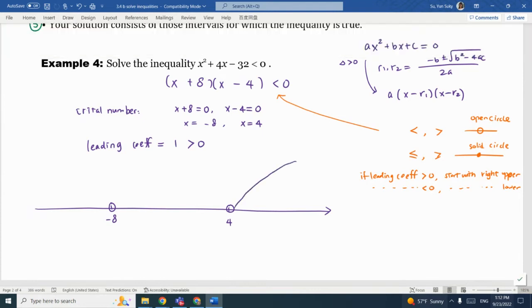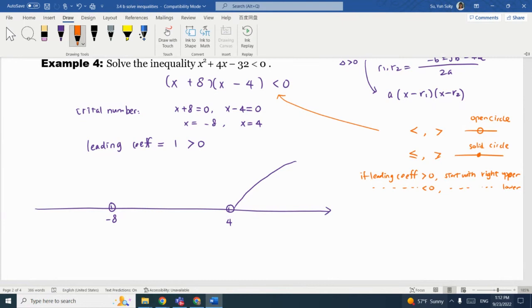And then when we reach 4, we look at the multiplicity. Multiplicity is the exponent of the corresponding factor. See? For 4, the corresponding factor is x minus 4. What's the multiplicity? 1. Because it's 1, it's odd, right?